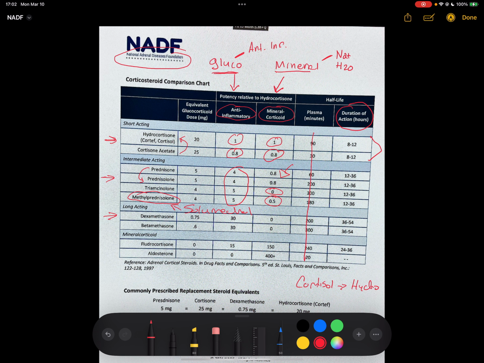However, let's say that I am taking care of a patient that is experiencing Addison's crisis, where many, if not most, of the immediate life-threatening manifestations of an Addison's crisis are going to be mainly due to the mineralocorticoid effects.